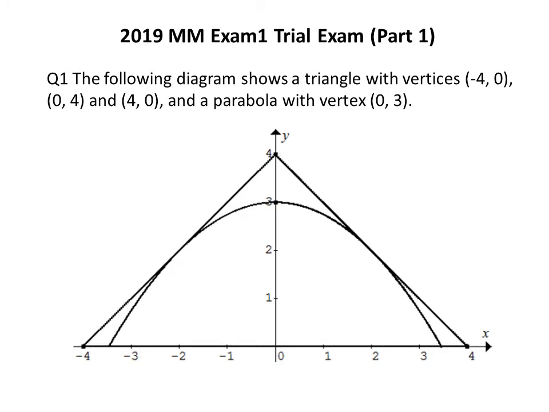Hello, this is the first paper of a 2019 trial exam paper for Mathematics in Victoria, Australia. Since this is an exam 1 paper, it is a technology-free paper. This question shows a diagram with a triangle with vertices at (-4, 0), (0, 4) and (4, 0), and a parabola with the vertex (0, 3).